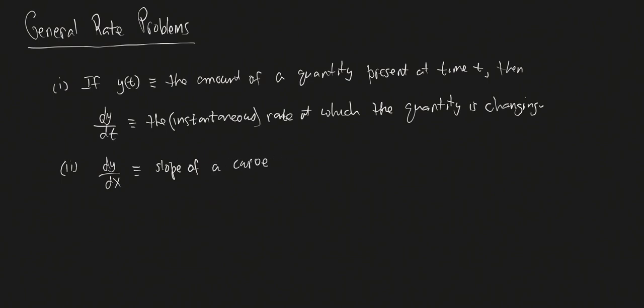And that curve can be given explicitly, in this form, or it could be given implicitly, like in this form. So if the question says something about the slope of a curve, then you can again equate that to a derivative. This would be a slope of a curve in our xy plane in R2.